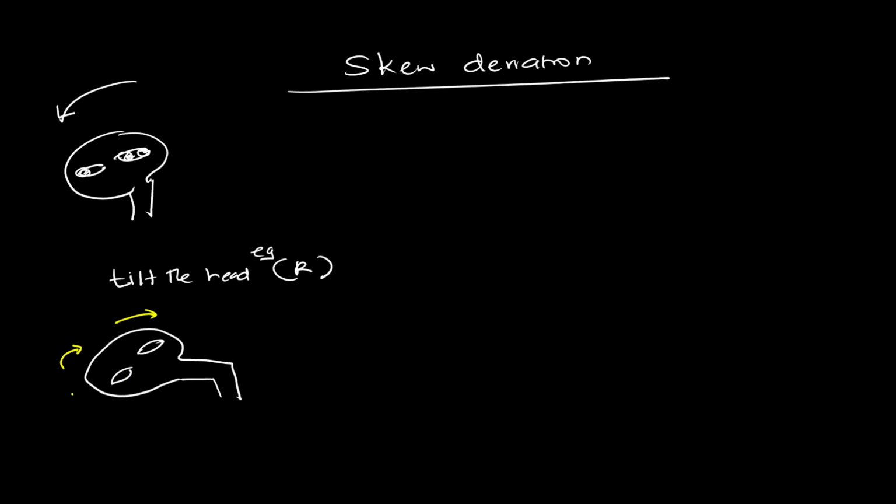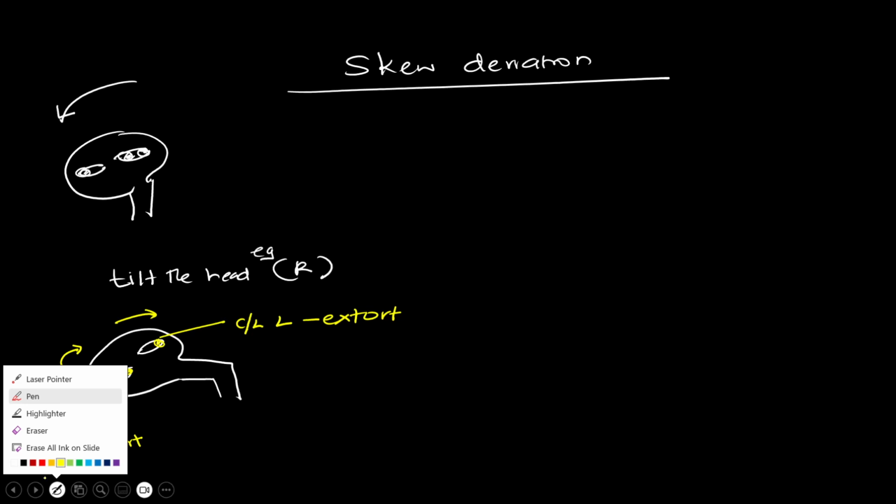In this case, the right eye, or the ipsilateral eye, would intort, and the contralateral eye, or the left eye, would extort. This is the normal phenomenon that we see in changes of neck position as well as the head.